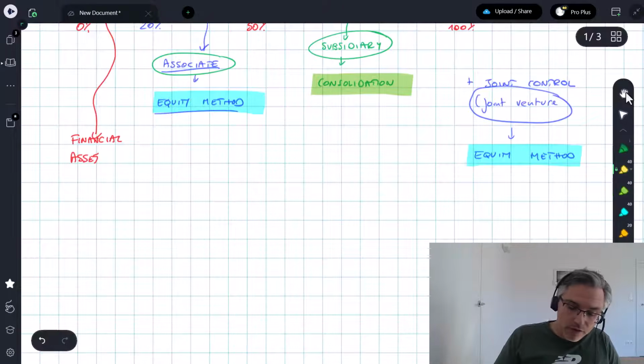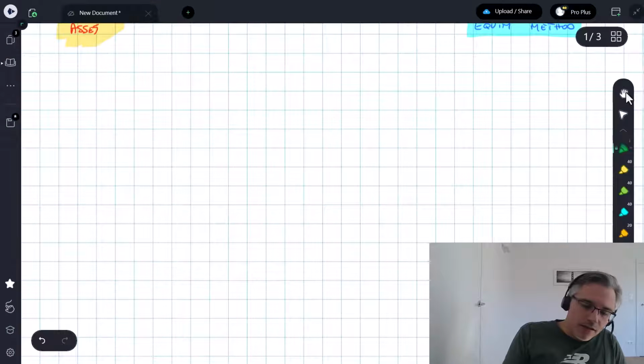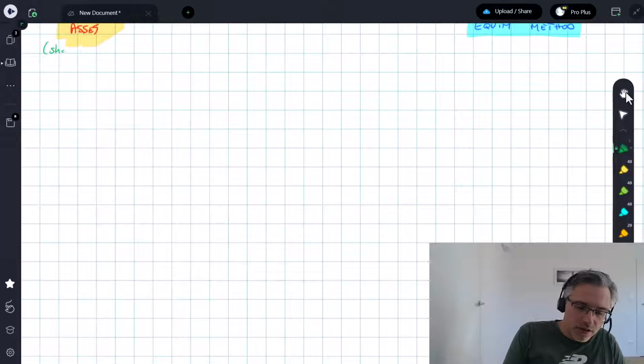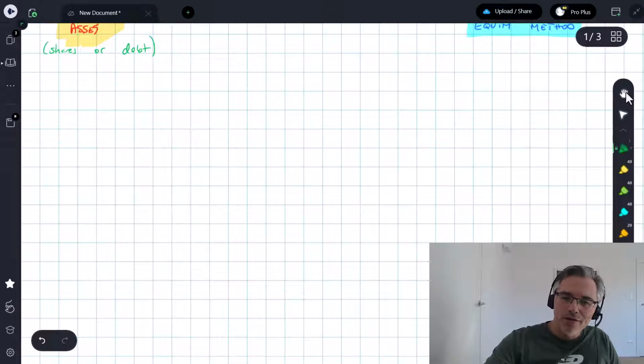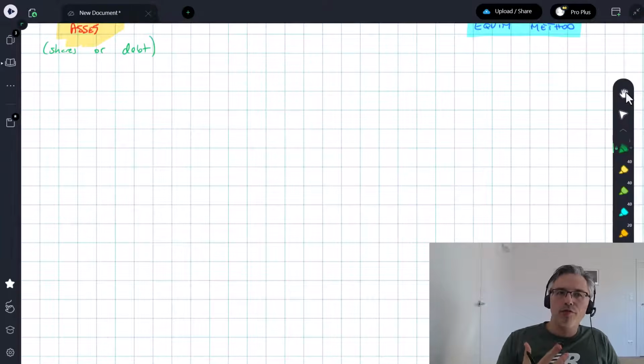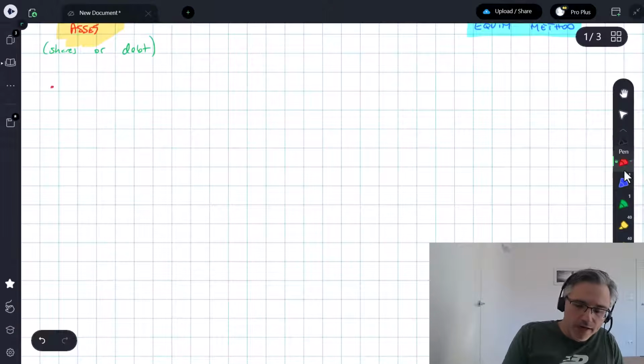But for now, let's just focus on financial assets, and these are going to be shares or indeed debt securities, debt instruments as well. And there are three approaches that you need to know to accounting for financial assets.